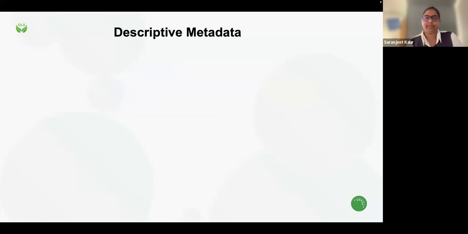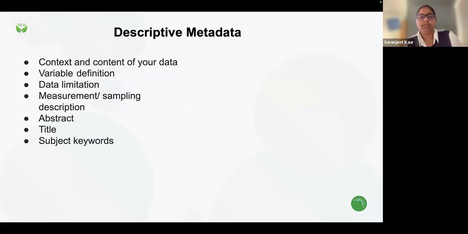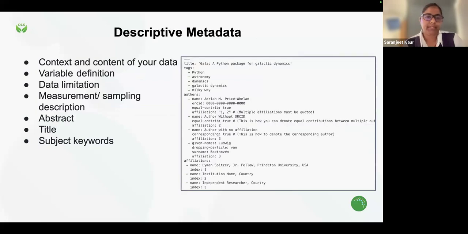Some of the examples include descriptive metadata. Descriptive metadata would be something like giving the variable definition or the data limitation. For example, if we think of descriptive metadata in a paper, it would include things like the abstract, title or keywords.